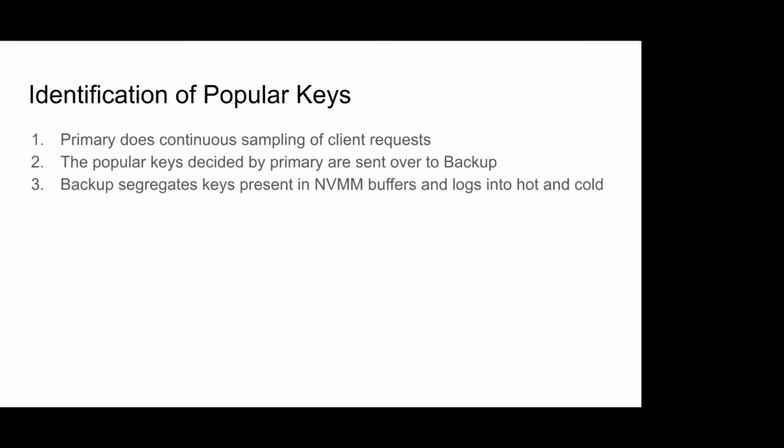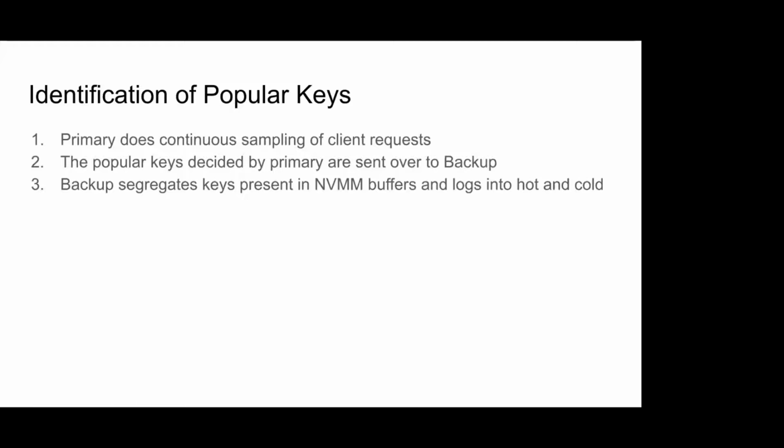We keep saying hot and cold keys. Like we said in the start, some keys are accessed more than the other keys, and the keys that are accessed more are called hot keys, and the other keys are called cold keys. So how does this identification happen?